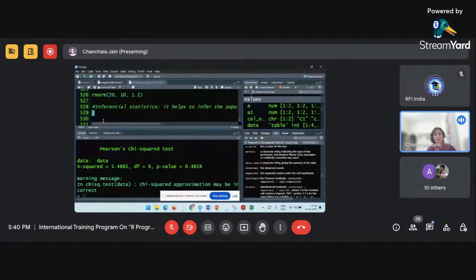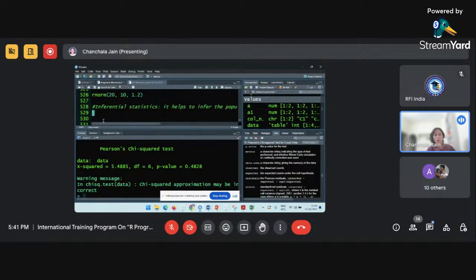Now, when I talk about hypothesis testing, whatever data we collect from the sample, using that data we will test the hypothesis which we have formulated, and that way we will decide whether we are going with the null hypothesis or whether we are rejecting the null hypothesis. So let me tell you this thing. I think we all know this.